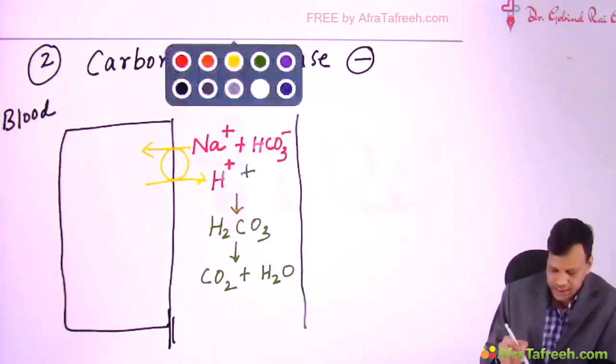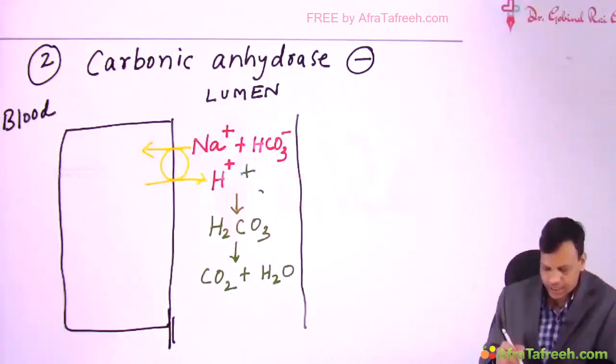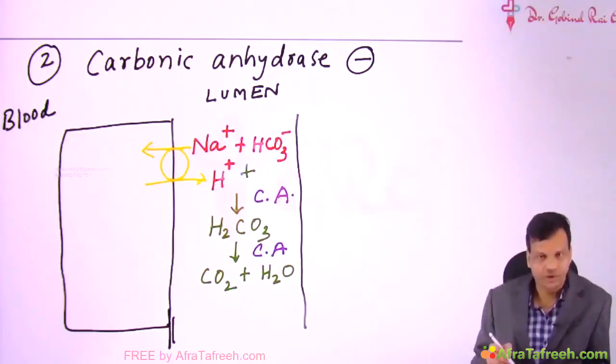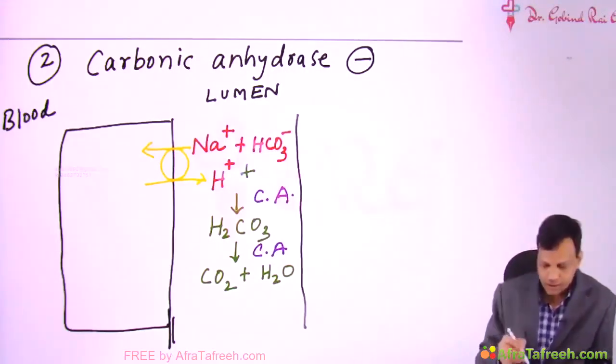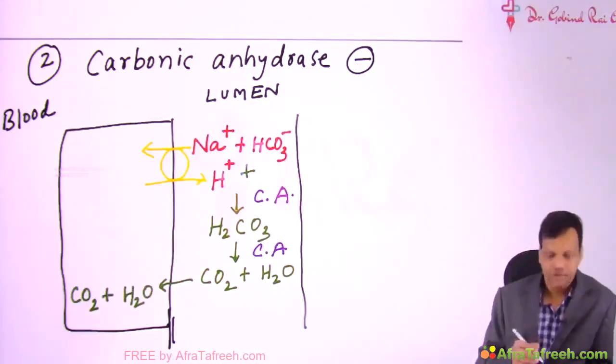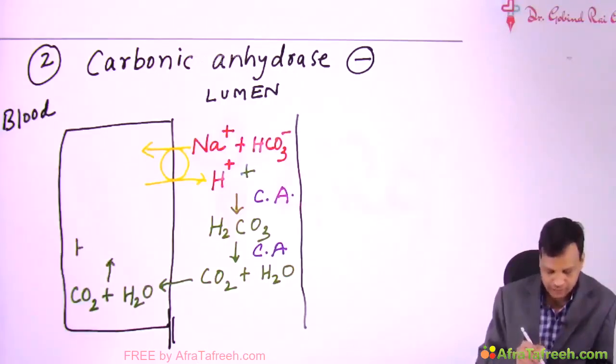Both these reactions are catalyzed by the carbonic anhydrase enzyme. The carbon dioxide and water produced are freely permeable, so they easily enter these cells, and inside the cells they again react to form carbonic acid.